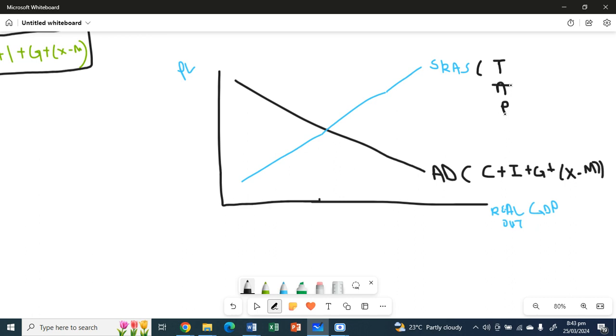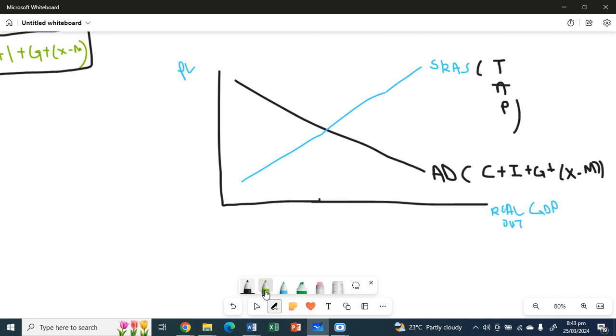Price of resources, these are the price of the raw materials, wages for the workers. So these are the three things that shift. Just remember this acronym: PAT or TAP. T, technology. A, actions of government. P is the price of resources.